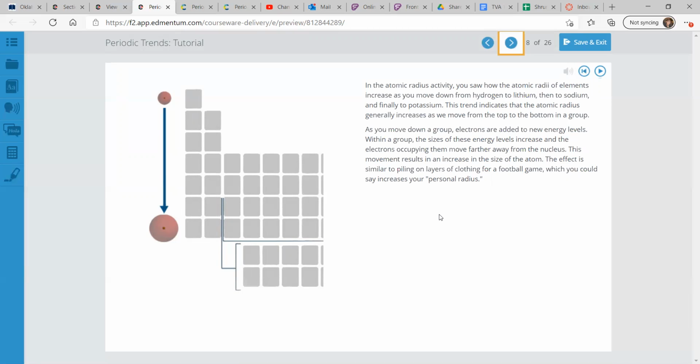Within a group, the sizes of these energy levels increase and the electrons occupying them move farther and farther away from the nucleus. This movement results in an increase in the size of an atom. The effect is similar to piling on layers of clothing for a football game, which you could say increases your personal radius.